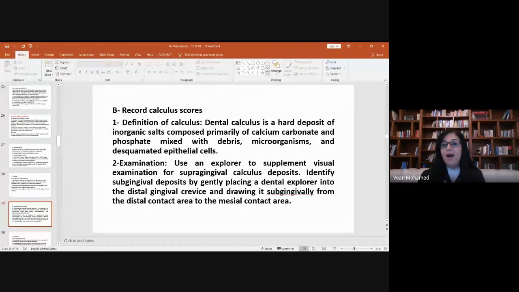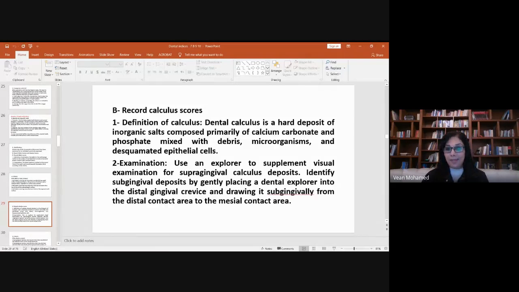Now we have a hard deposit of inorganic salts composed primarily of calcium carbonate and phosphate, mixed with debris, microorganisms, and desquamated epithelial cells.